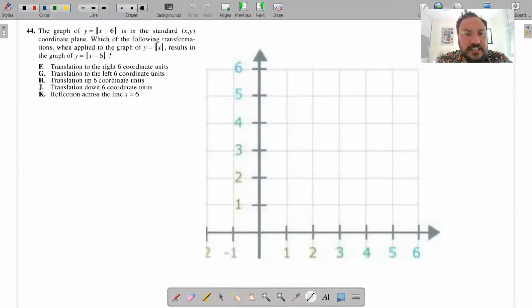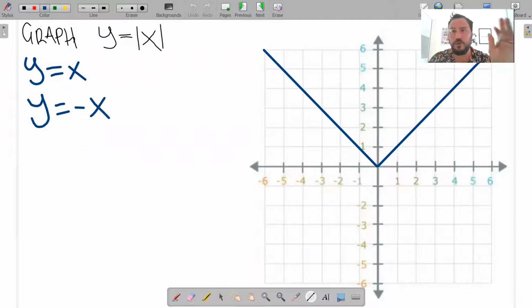That's it. Then if we have a problem like this one: the graph of y equal absolute value of x minus 6 is in the standard x, y coordinate plane. Which of the following transformations when applied to the graph of y equal absolute value of x results in the graph of y? That's pretty simple. The main situation is always equal to this one. When we have an absolute value in an equation, when we graph it, we have a mirror, like in this case.